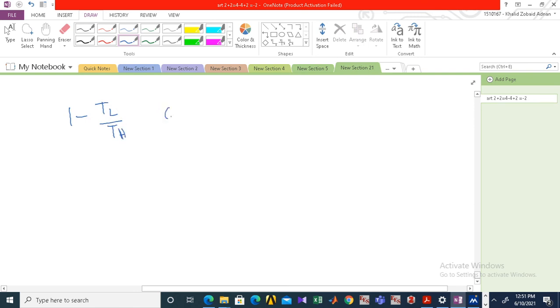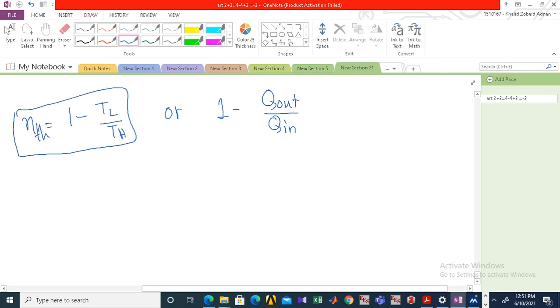Or actually the efficiency is 1 minus Q out by Q in, right? But due to heat addition in these processes, we know the entropy is the same, and this is why the efficiency only depends on the upper and lower limits of the temperature in the cycle.